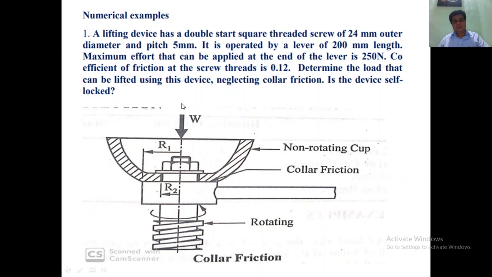So what we have to determine is how much load we can lift while rotating this power screw, and it tells us that collar friction has to be neglected, and we have to check whether the device is self-locked or not. So we have to check for self-locking or overhauling of the power screw while it is operating to hold this load W. So how much load it can hold, that we have to find out here.